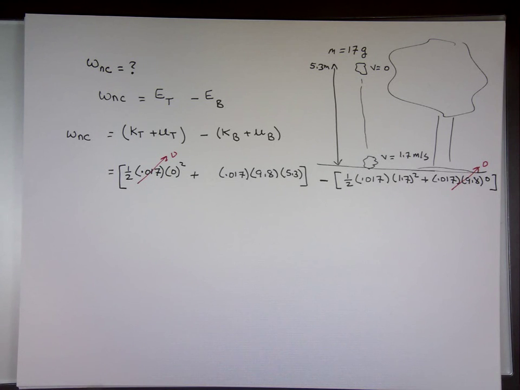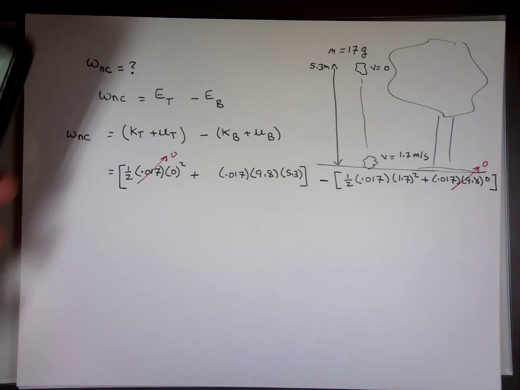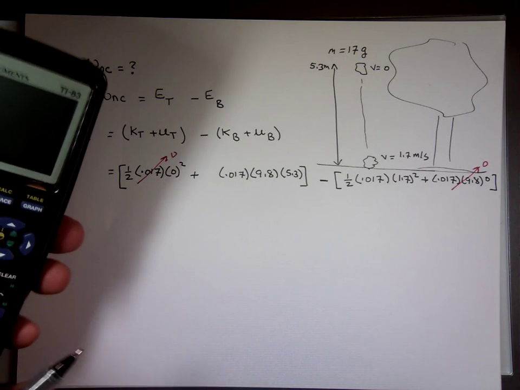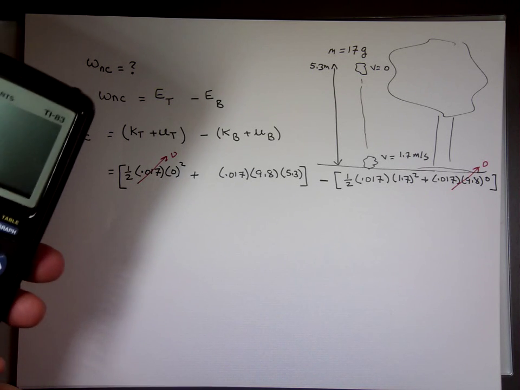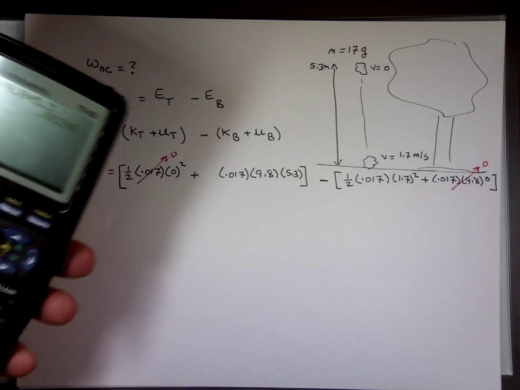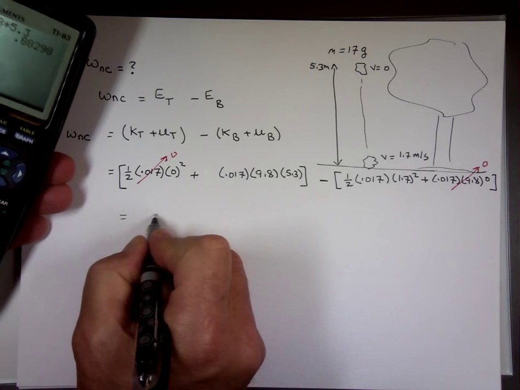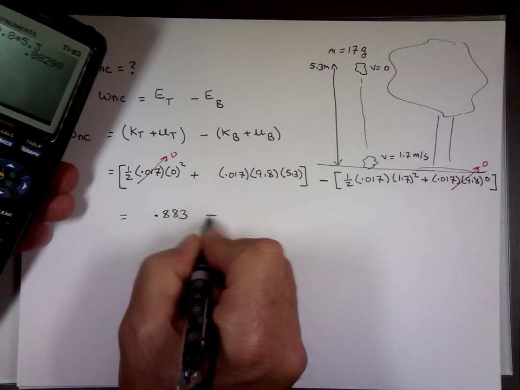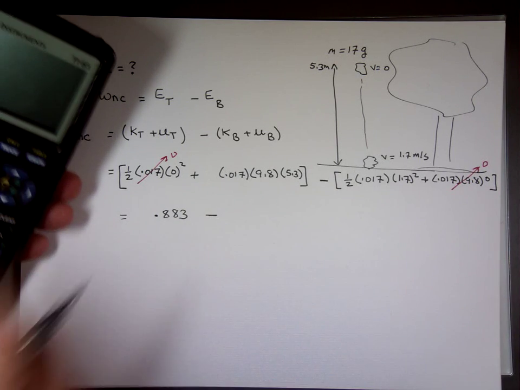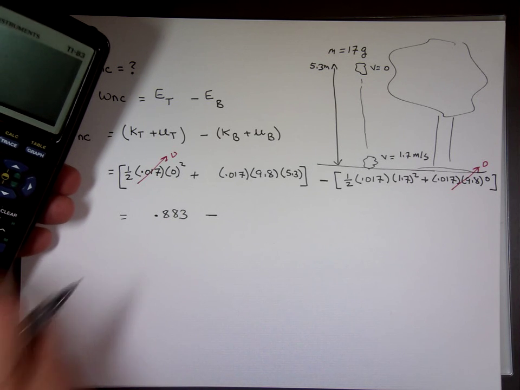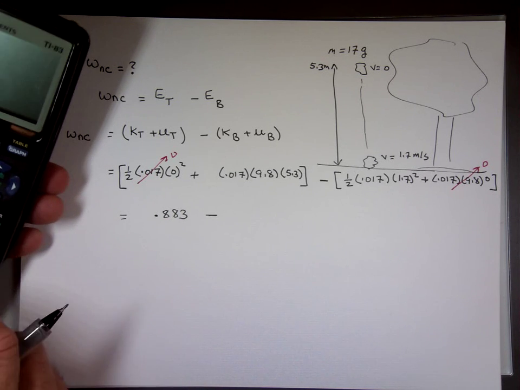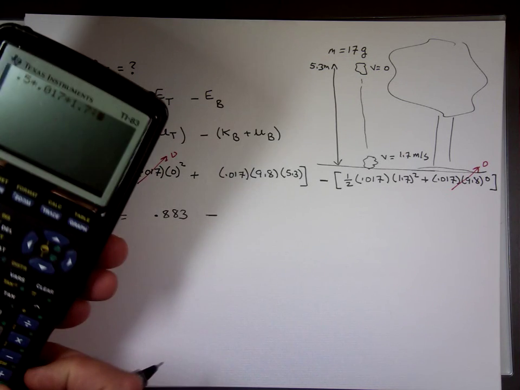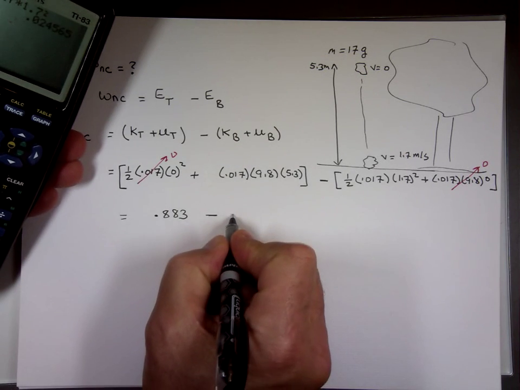So what we have, 0.017 times 9.8 times 5.3, we had 0.883, minus what we have at the bottom, 0.5 times 0.017 times 1.7 squared, 0.025.